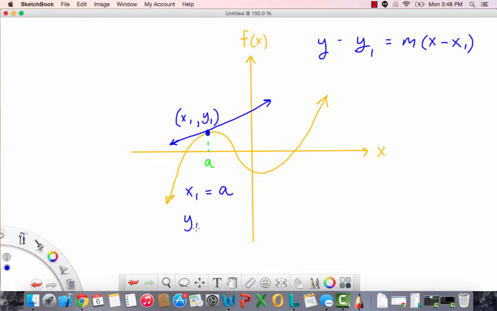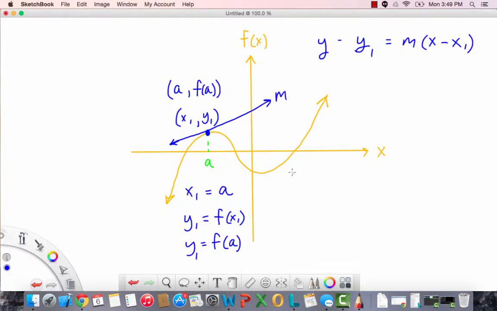The y value is simply f evaluated at x1, or using substitution, since x1 is equal to A, y1 is simply equal to f of A. Now, we have a point here, which written another way, other than x1, y1, we know it's also A, f of A. Okay, so that's one piece of the puzzle.